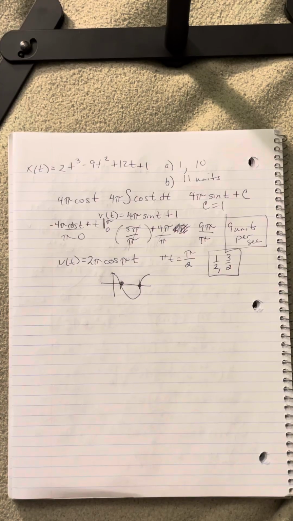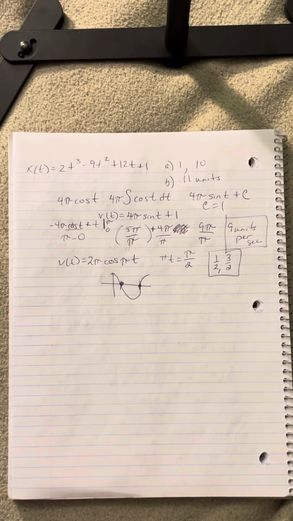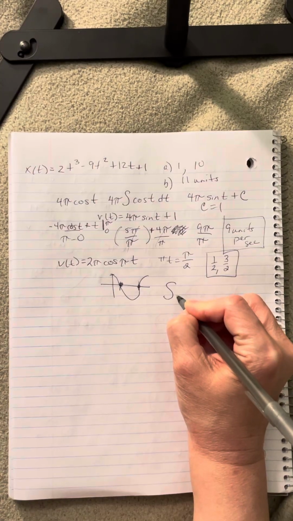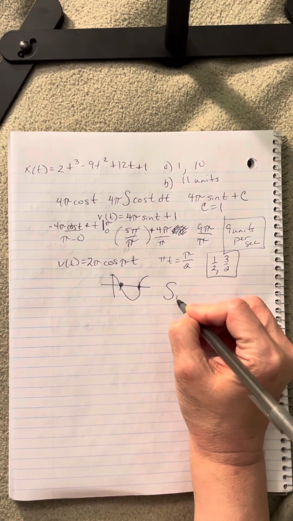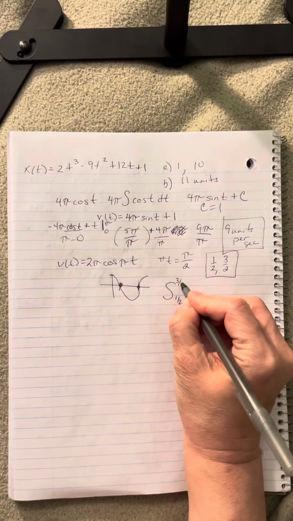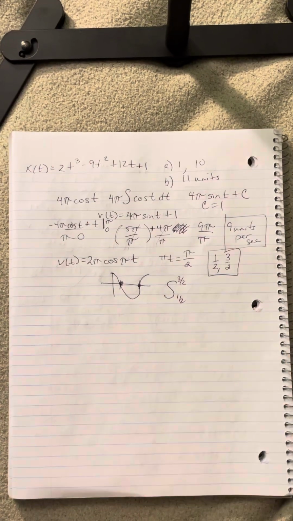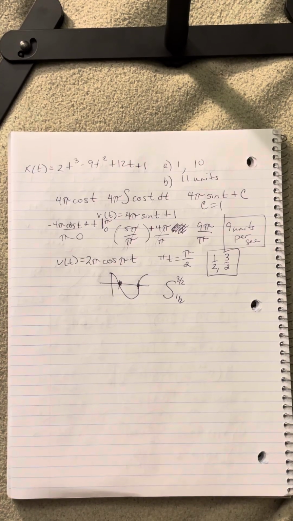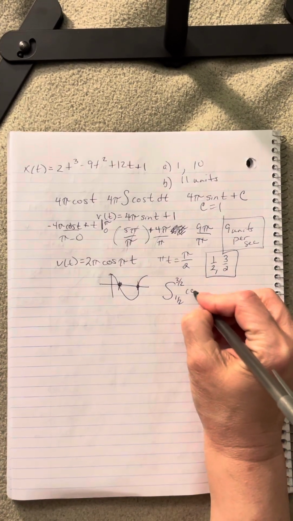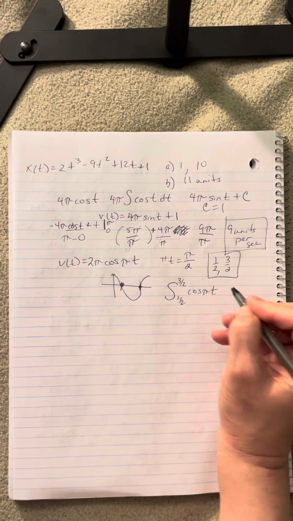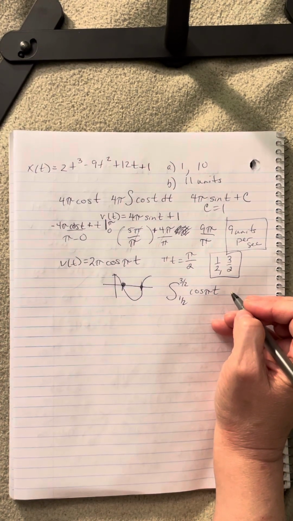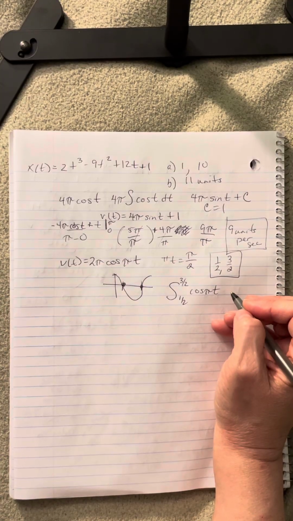So I would need to integrate from that 1/2 to the 3/2, and the formula in the other equation was cosine pi t, and then what is its matching?